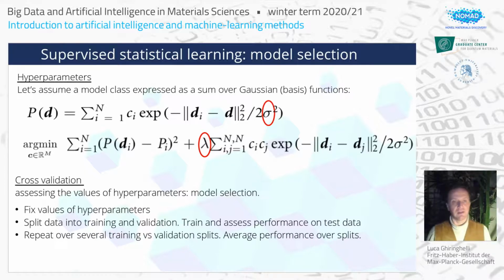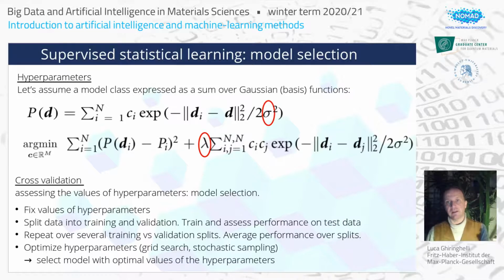Why do that? Well, first of all, you repeat this over and over over different splits of training versus validation, and then average over these splits in order to have enough statistics. And then you say, okay, now I change lambda and sigma, and there will probably be a combination of lambda and sigma for which I have the smallest error on the test data, and here is where I would like to have my model sitting.